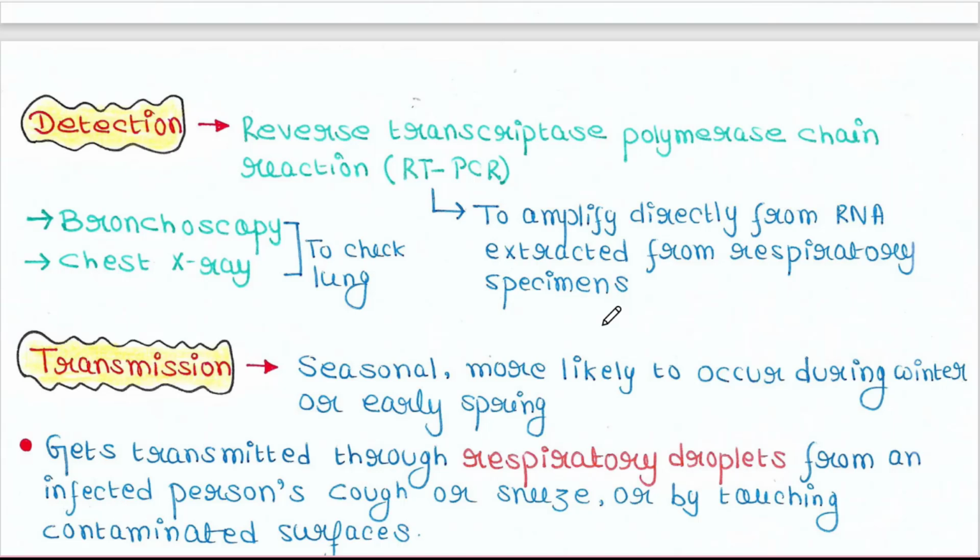In reverse transcription, cDNA would be generated from RNA, and if the person is affected, cDNA will be obtained, and if the person is not affected, there will be no cDNA, right? And bronchoscopy and chest X-ray would be performed to check the condition of the patient's lung.